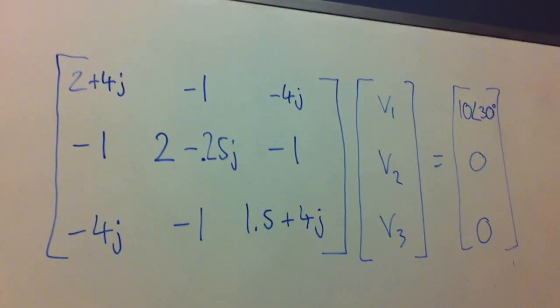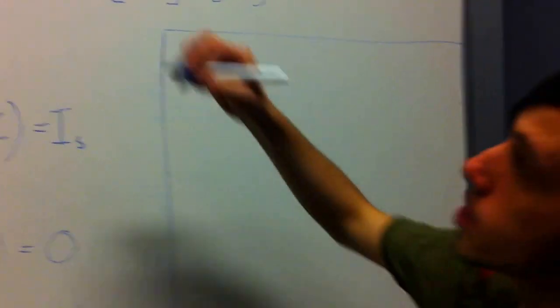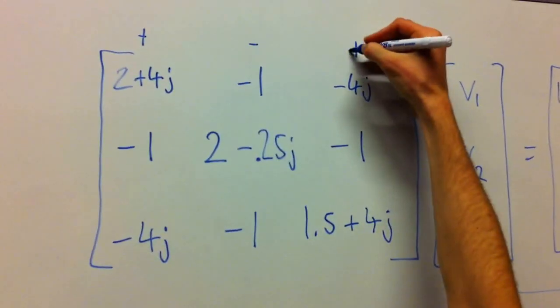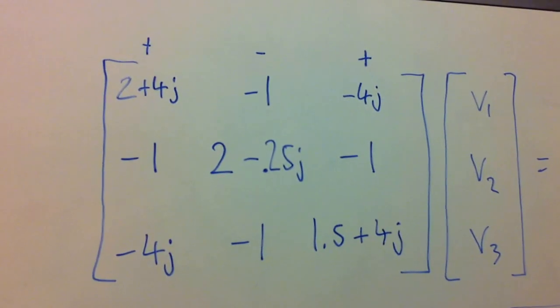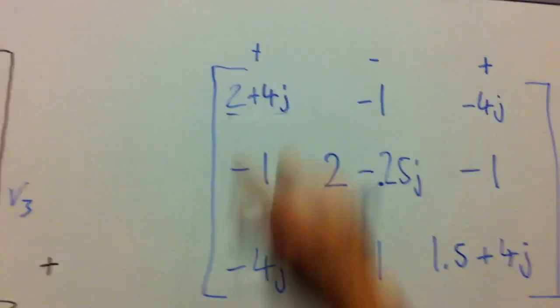Now what we're going to have to do is Cramer's rule. I'll do that over here. So Cramer's rule states this one is plus, minus, plus. So we do this value here. Actually, let me get a different colour.